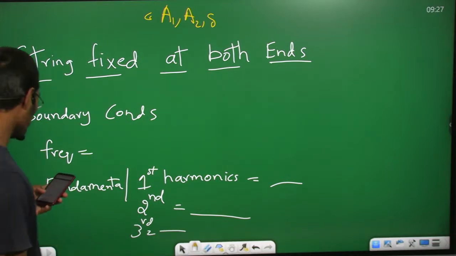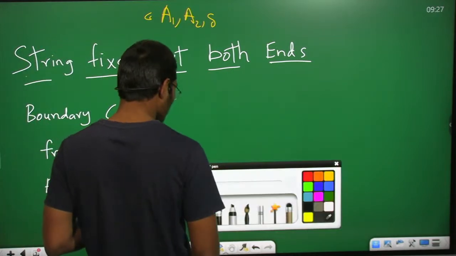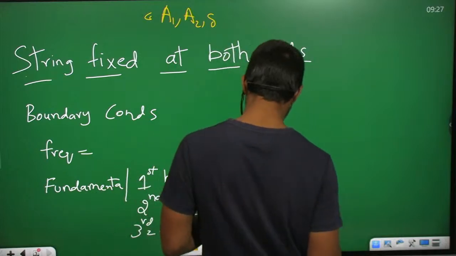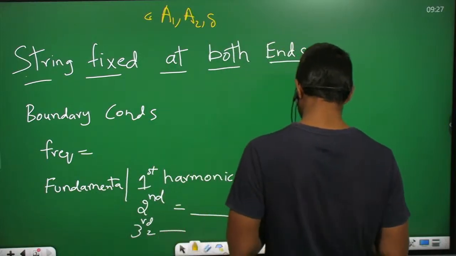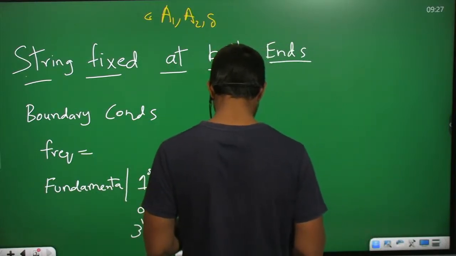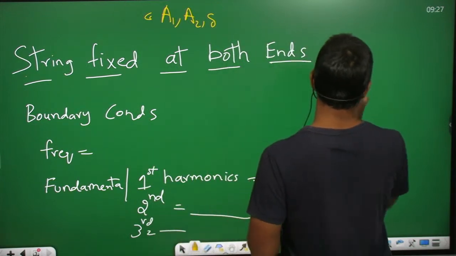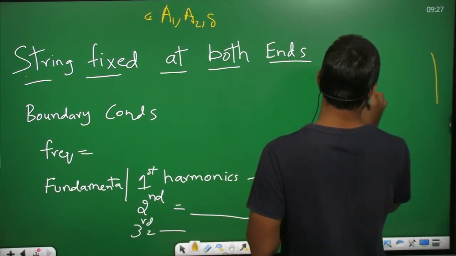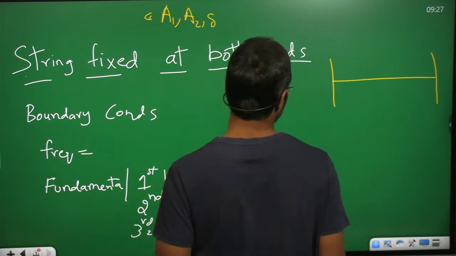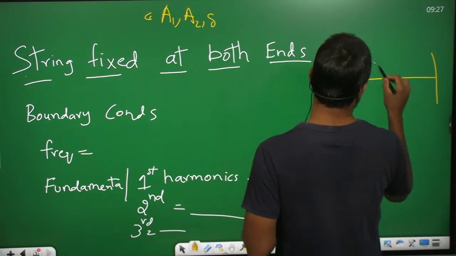So what are boundary conditions? See, how does the diagram look like? See, when string is fixed at both ends, this will be the condition, right?